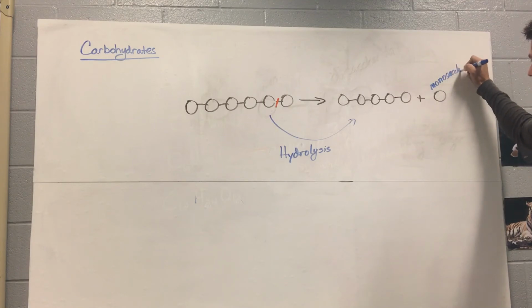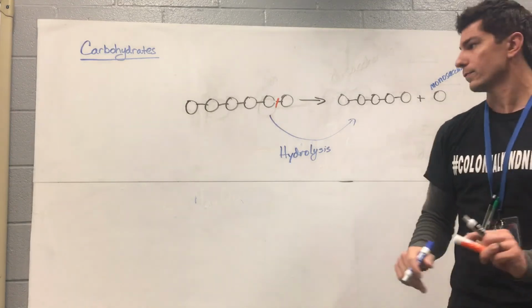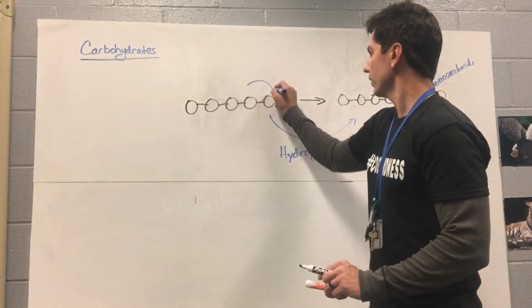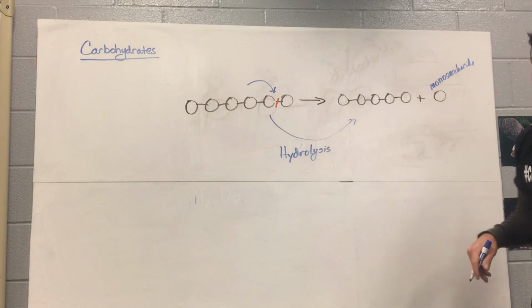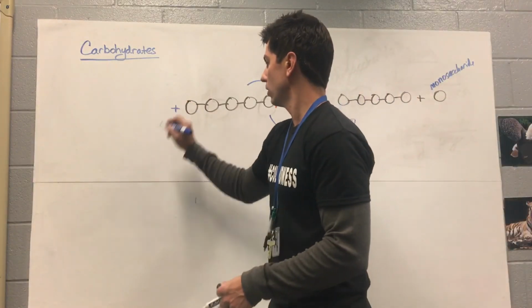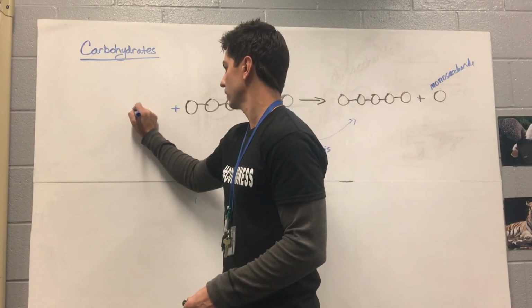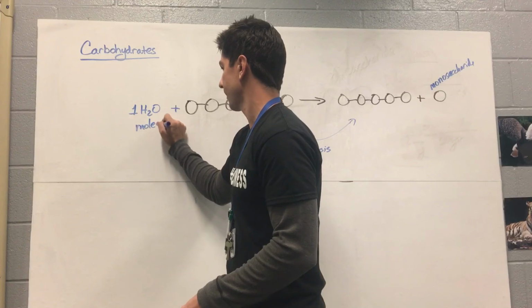Okay? Now, the one thing you need in order for this to happen is water has to come in and go to that area where the bond is. If there's no water available, the bond will not break. So on the reactant side over here, we need one water molecule as well.